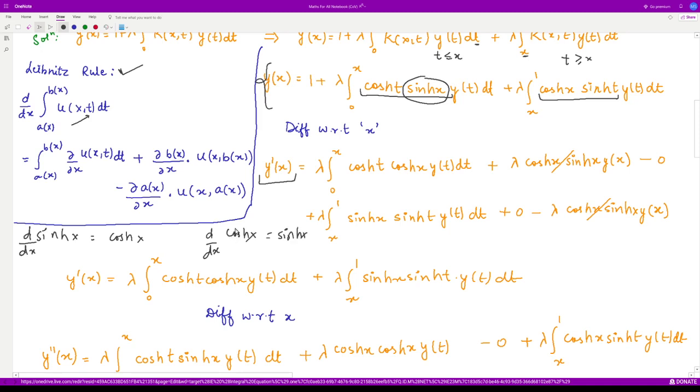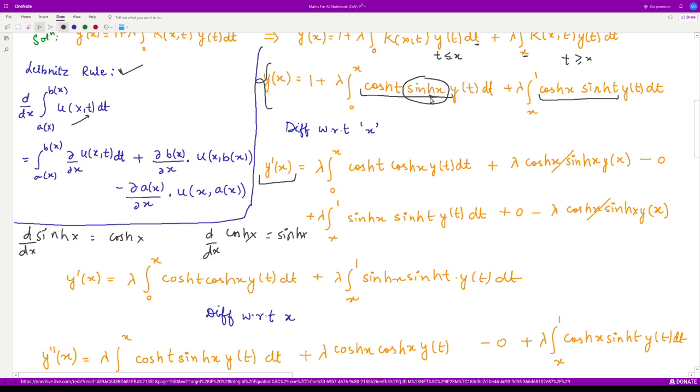Similarly the integration is the same. The integration of sine hyperbolic x is simply cos hyperbolic x, and the integration of cos hyperbolic x is also sine hyperbolic x. That means there is no change in the signs. We just have to interchange sine with cos, cos with sine whenever we have a hyperbolic term, right?